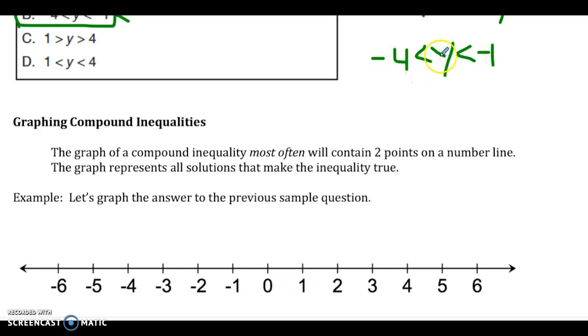Okay, and we're looking for the and, so we're looking for the overlap. So we're looking for numbers that are going to be greater than -4 and numbers that are going to be less than -1. So it's actually this, what I like to think of as a barbell here. Between the -1 and the -4 is going to be our solution.